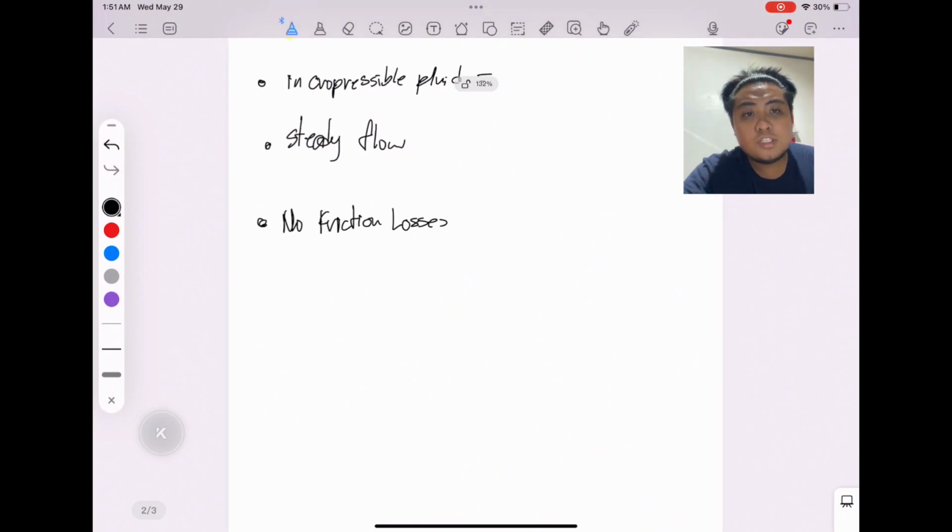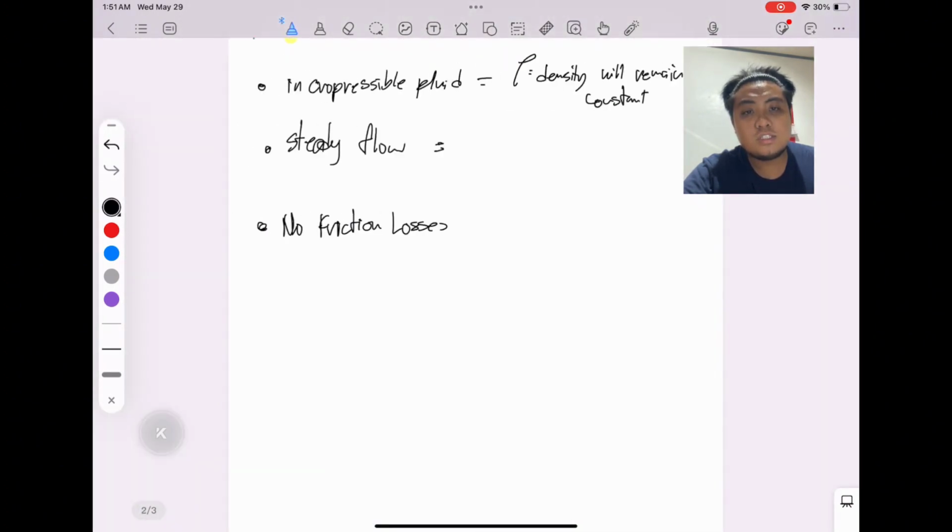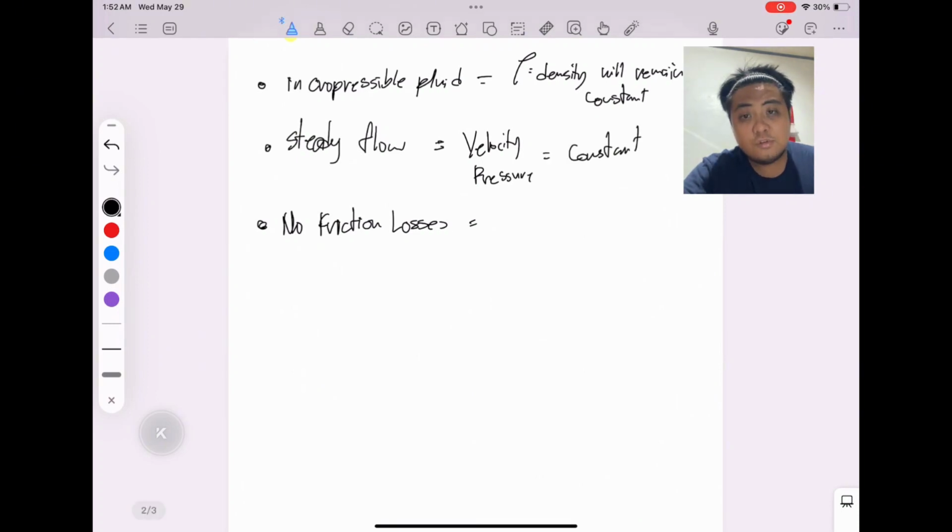The flow parameters such as velocity and pressure do not change over time at a given point in the system. So next, no friction losses. So in Bernoulli's equation, no friction losses. We consider an ideal fluid, which is a fluid with no viscosity, resulting in no energy loss due to friction.